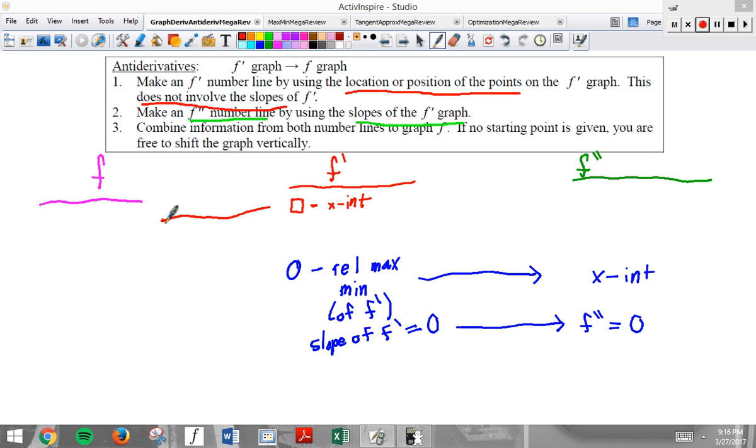The x-intercepts here had to come from rel max min. Actually, not rel max min. Let's call it what they are. Critical numbers of f. Possible rel max or rel min. Okay.